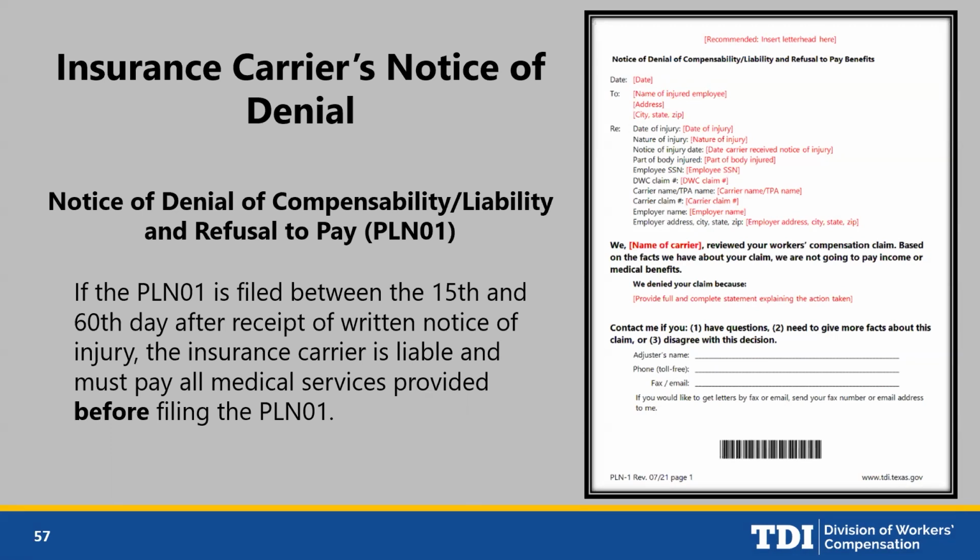You can find this under F for forms, but it's at the very bottom for notices. This is what it looks like. It would be filled out, obviously, for your injured employee. The carrier is going to be filing that if they question the compensability. They are not the last say. The Division of Workers' Compensation is the last say.